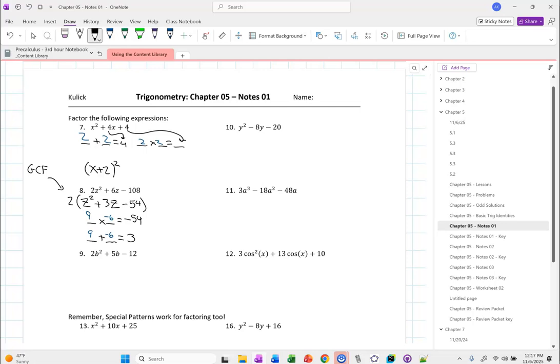All right. So we've identified the 9 and the negative 6. What is our final answer then? 2 times z plus 9 and z minus 6.